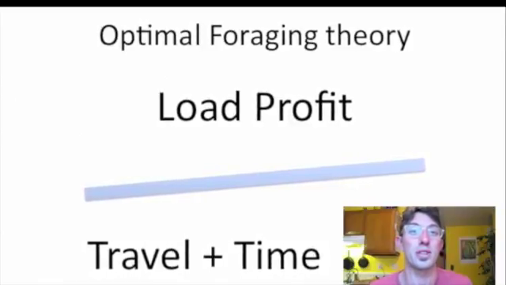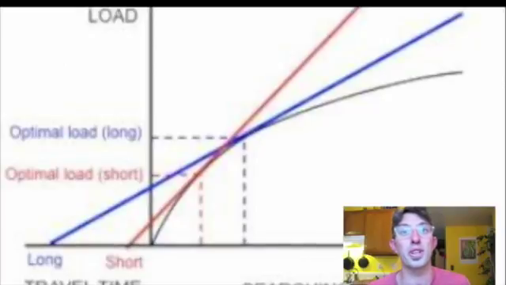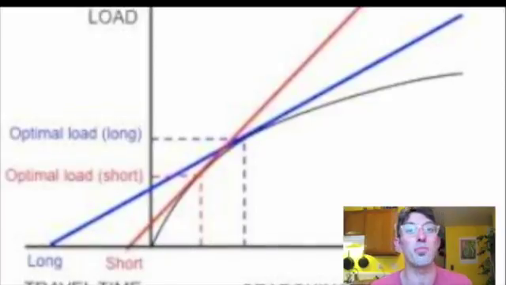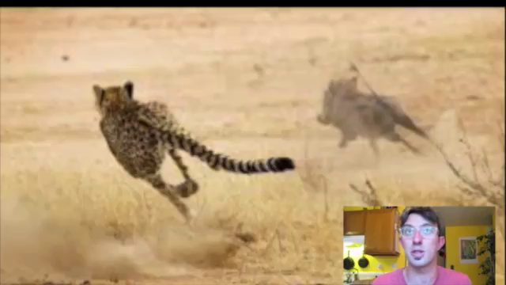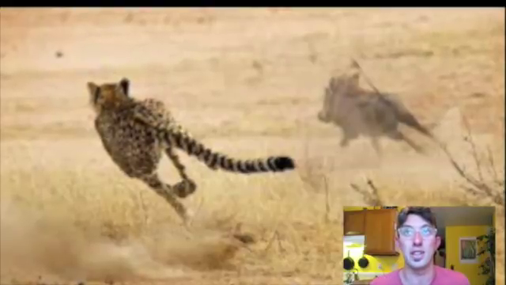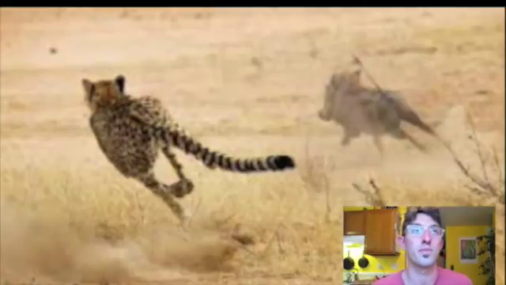So the question is, is it spending an efficient amount of time and travel to actually get a profit, load profit? Is it spending enough time to get that energy so it ends up coming up with a bigger number?